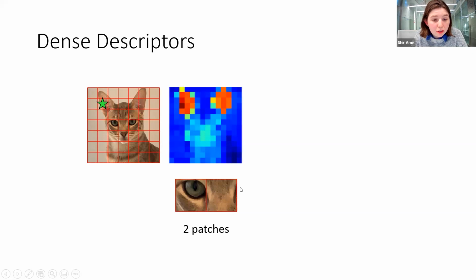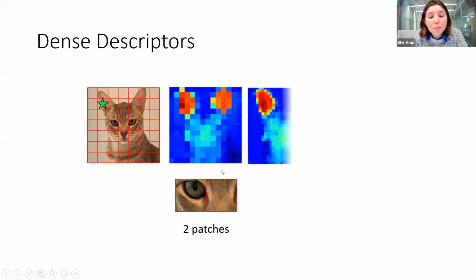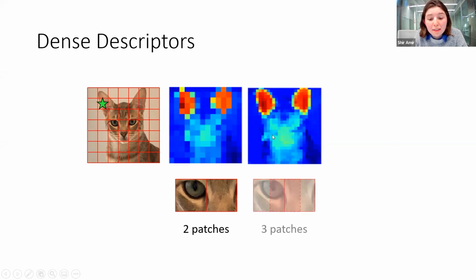But what we discovered is that if at test time, without retraining, we interpolate the positional embedding and actually sample overlapping patches, so instead of dividing the image into non-overlapping patches, we divide it into overlapping patches, we receive descriptors of even higher granularity, but they still maintain their semantic properties.